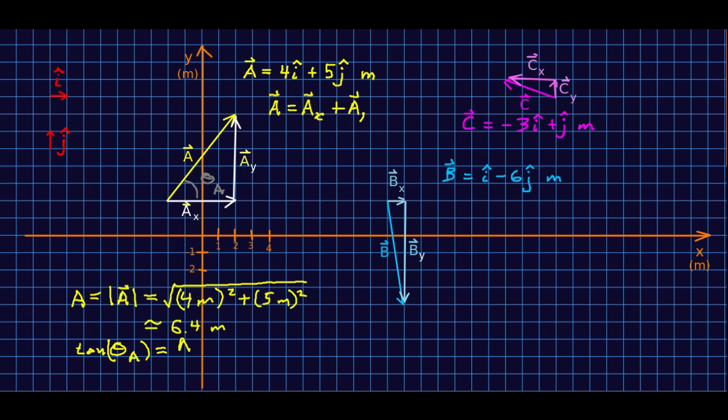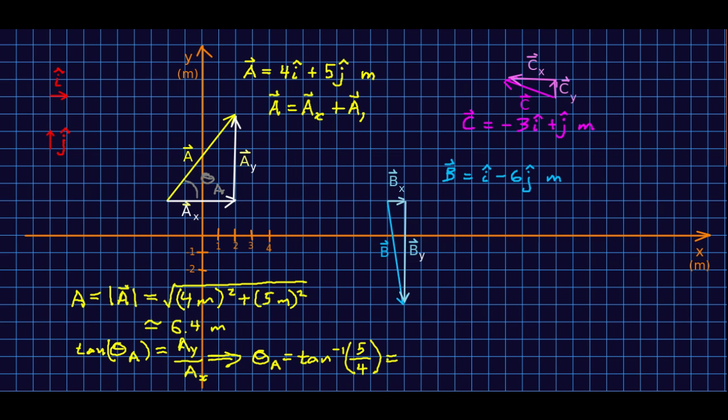So that would be Ay, the y component, over Ax. And so that tells us that we can find theta A from the inverse tan of Ay over Ax. And so that's 5 over 4, where those are both in meters, so the meters are going to cancel and I don't need to worry about them.